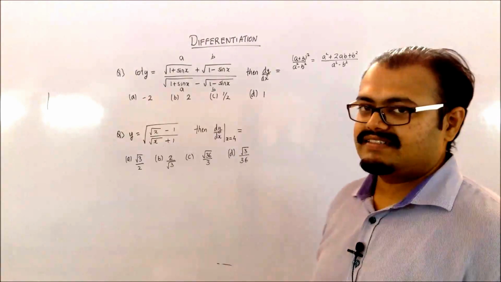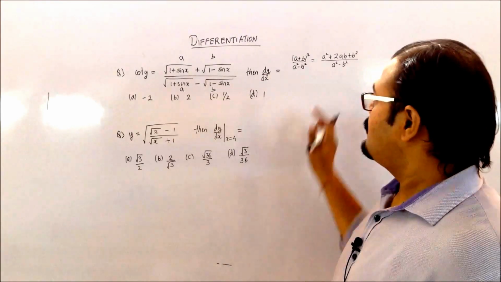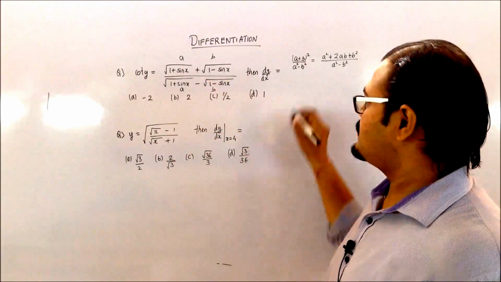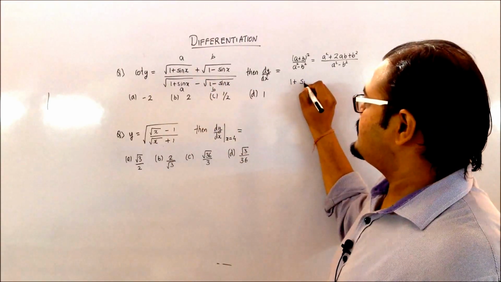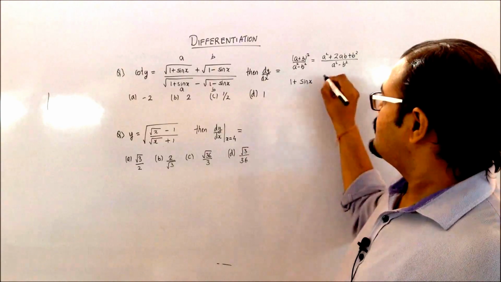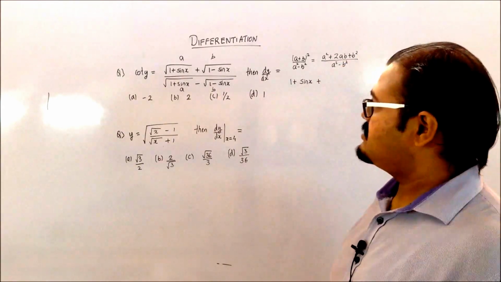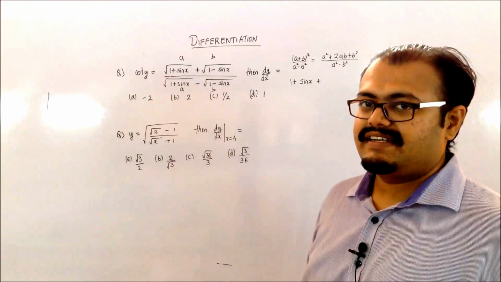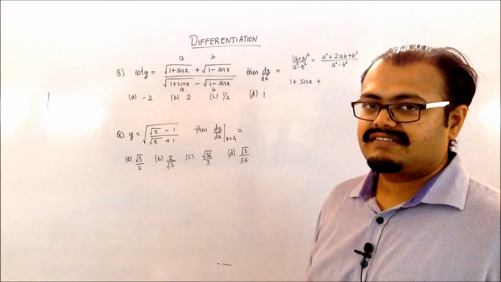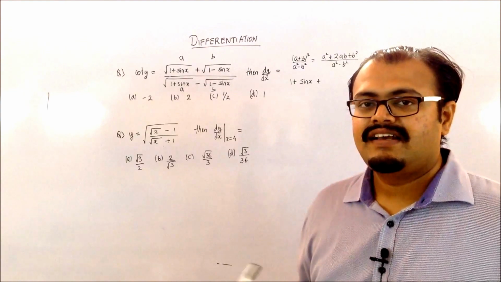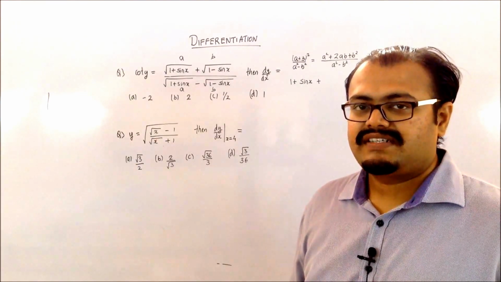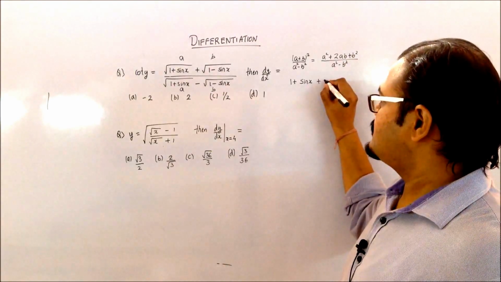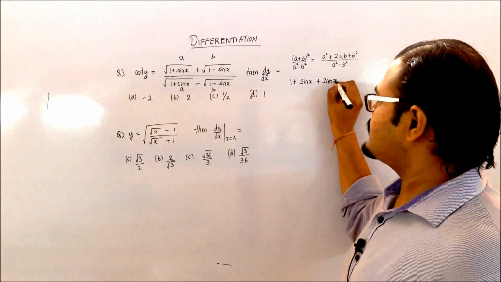Now if I just substitute the A's and B's, A square is basically this, so square of that, 1 plus sin x, plus 2AB, so it's the multiplication of this, so you're getting root of (1 plus sin x) into (1 minus sin x). So 1 plus sin x, 1 minus sin x gives you 1 minus sin square x, which is cos square x, under root, so you will get it as 2 cos x.